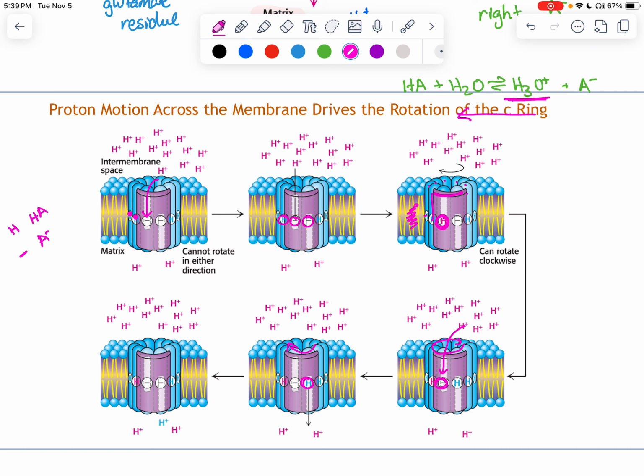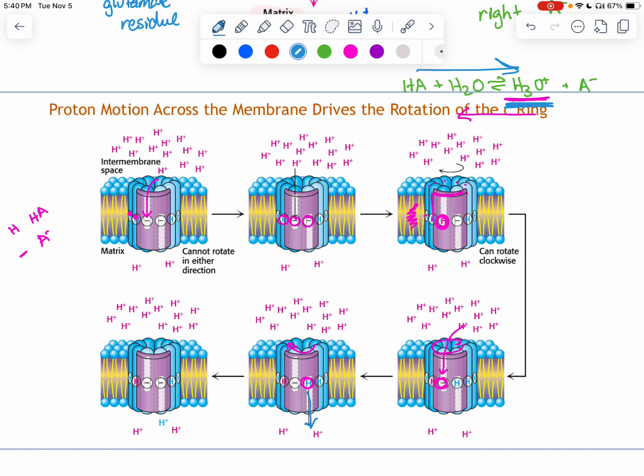But now the channel is to the matrix side. In the matrix side, there's really low hydronium. That shifts the whole thing here. That HA is going to want to give up its proton. It's going to want to exist as the deprotonated form. So we see it give it up, which makes it negative again. And this is what makes the whole thing spin.